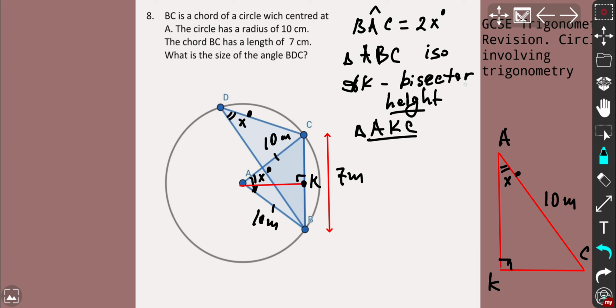AK is not only bisector and height, it's also median. A median splits the opposite side into two equal parts, so the two segments are the same, and hence KC is going to be 3.5, half of 7 meters. So we have two sides, and we can find the angle x.